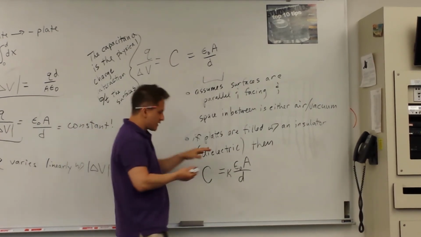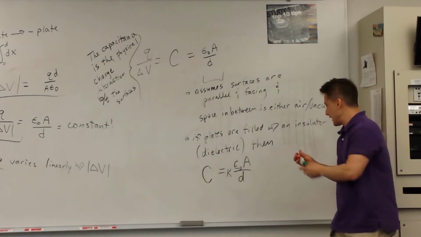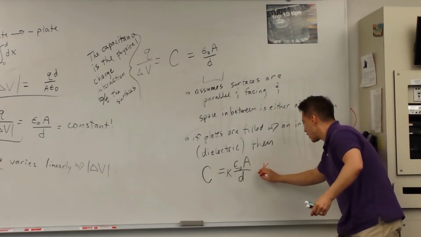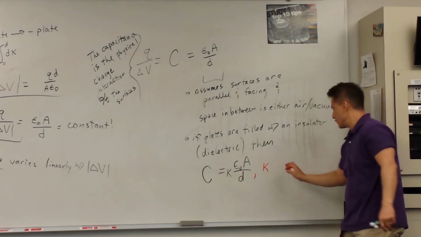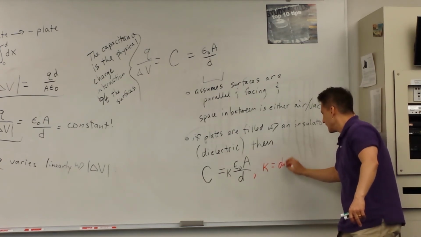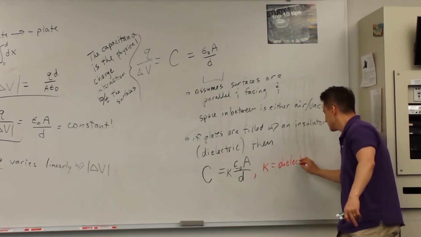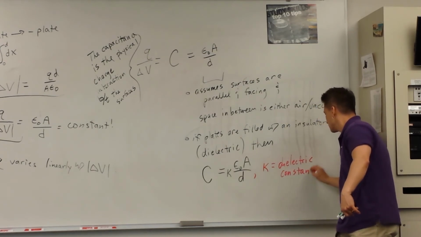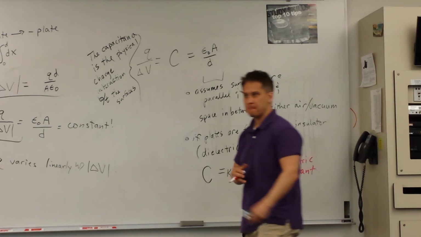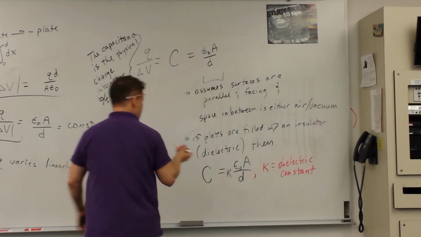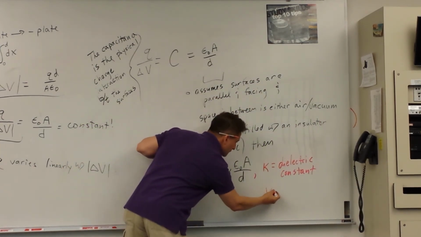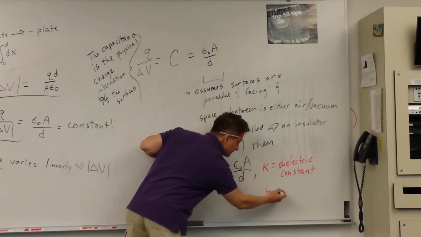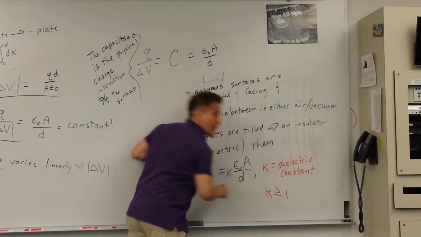In other words, a unique dielectric will have a physical property, kappa, which is its dielectric constant. And as a general rule, the dielectric constant will always be greater than or equal to 1.